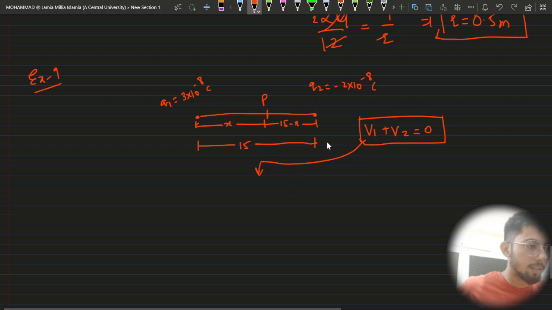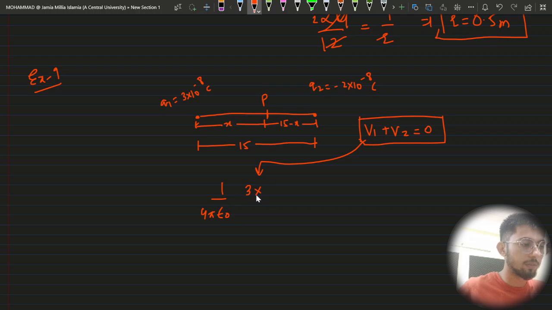So what will V1 be? 1 by 4 pi epsilon naught, q by r, which is x, plus 1 by 4 pi epsilon naught, q, which is minus 2 into 10 to the power minus 8, divided by r, which is 15 minus x.